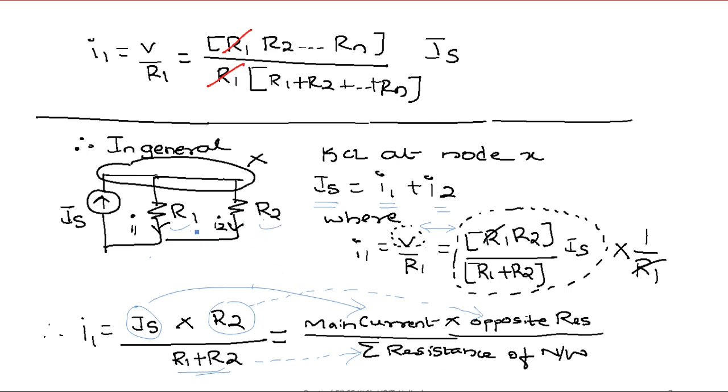Similarly, suppose you have one more resistor here like R3. What will change now? If you want to calculate I1, you will get R2 into R3 in the numerator and R1 plus R2 plus R3 in the denominator. We have to remember this properly.